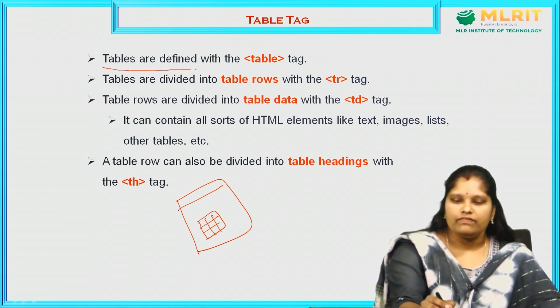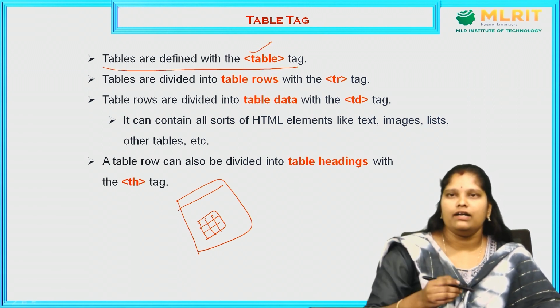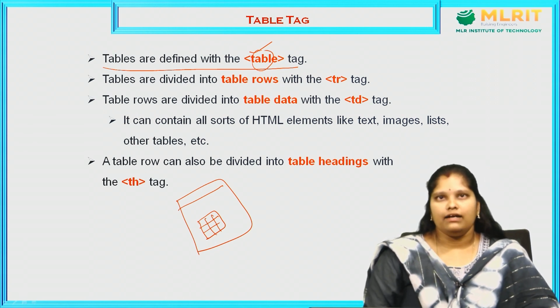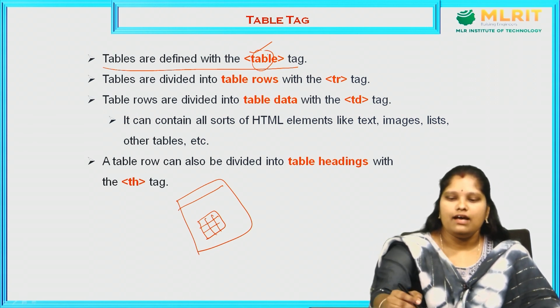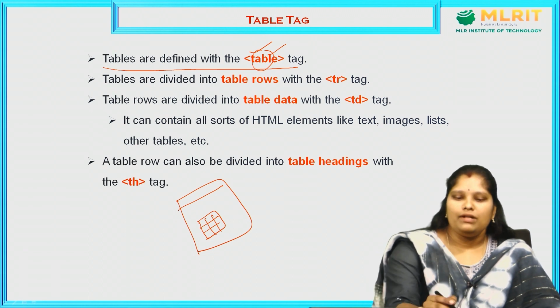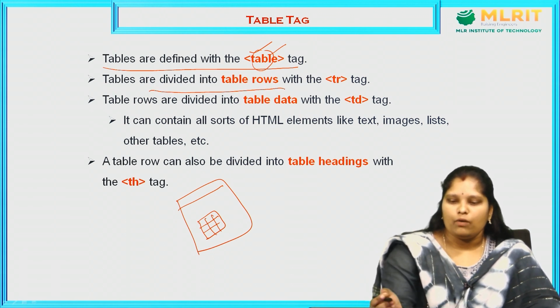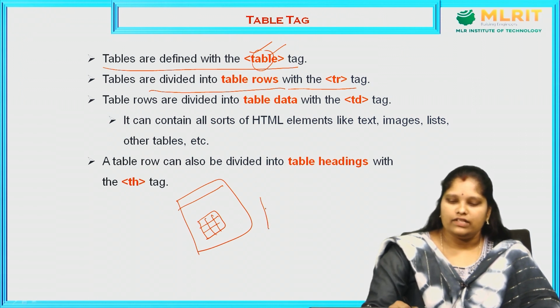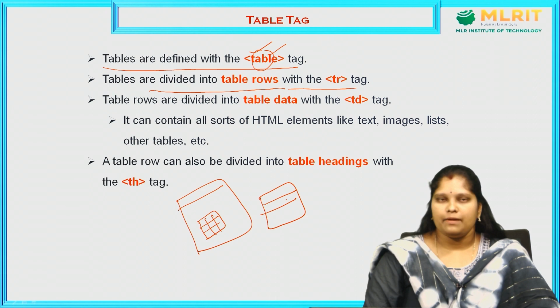Tables are defined with the table tag. The table keyword is surrounded with angular brackets, right? This is the tag. And tables are divided into table rows with the tr tag, right? Each and every row of this table is divided with tr tags, right?